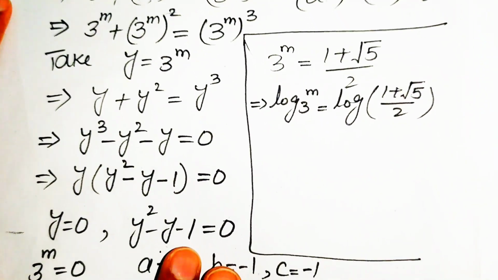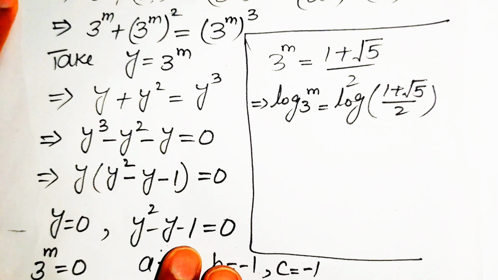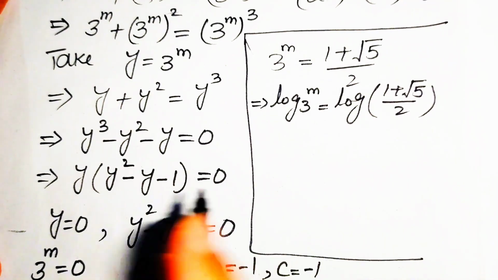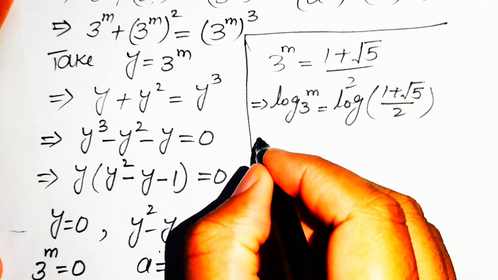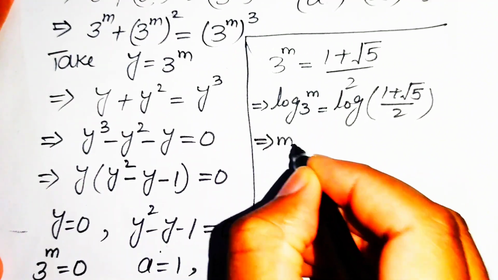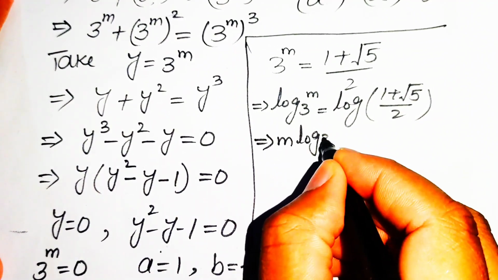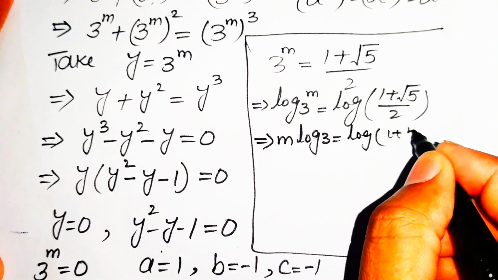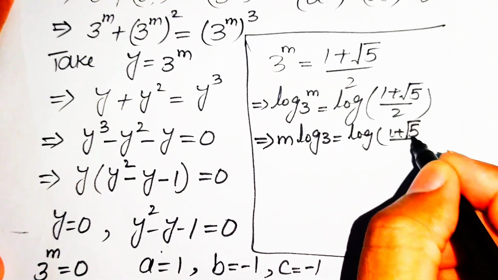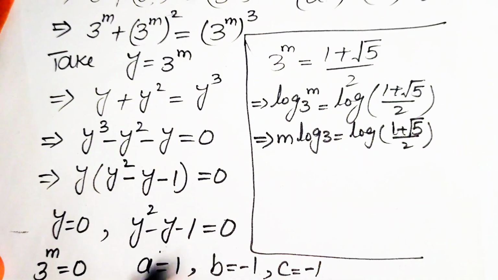So here we use the property of log, and according to this property of log, we move this m to the front of the log, and it will be written as m times log 3 equals log of 1 plus square root of 5 divided by 2.